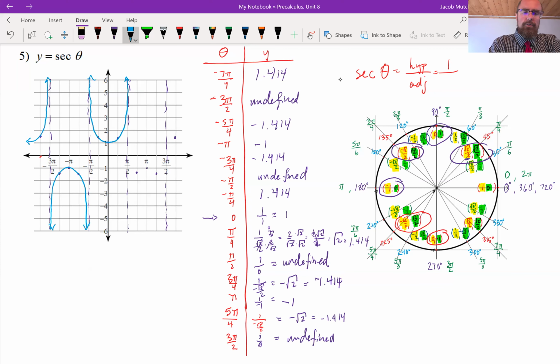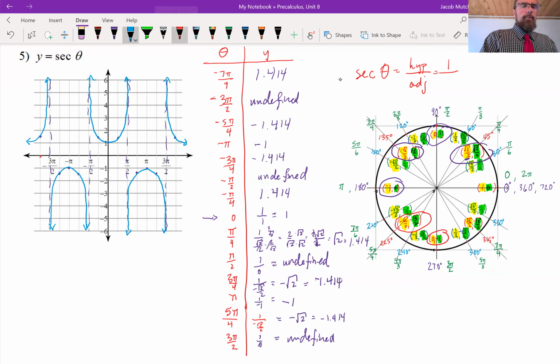The closest thing probably that we have to these individual secant curves would be something like the parabola. But even different from the parabola, these do not extend to the left and the right. They're restricted by these vertical asymptotes. And so for secant, what we see is this kind of repeated up, down, like tangent, separated by vertical asymptotes.